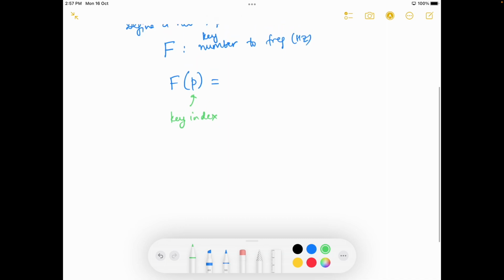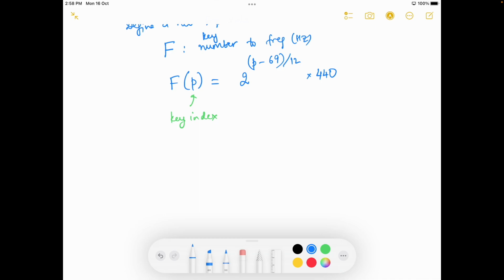So we choose it this way. So this is what we decide.